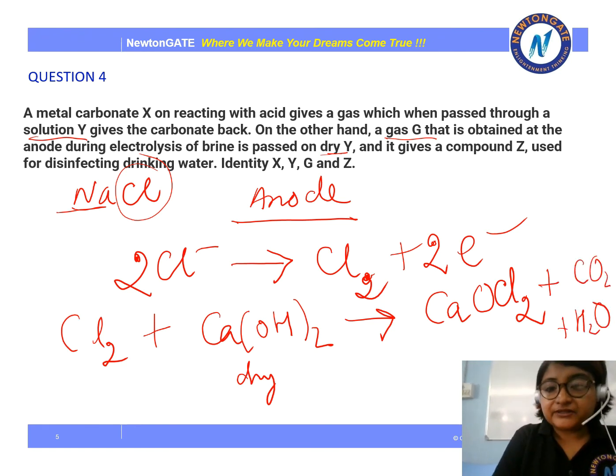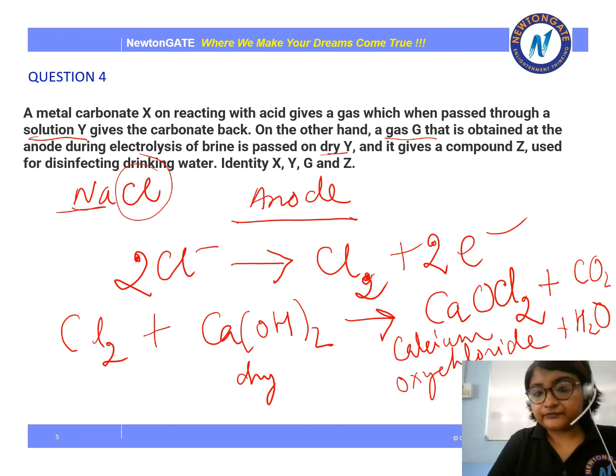Right? This is calcium oxychloride. So that means your X is calcium carbonate, your Y is calcium hydroxide, gas G is chlorine, and compound Z is bleaching powder.